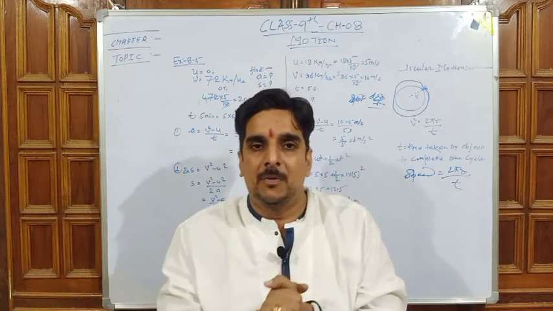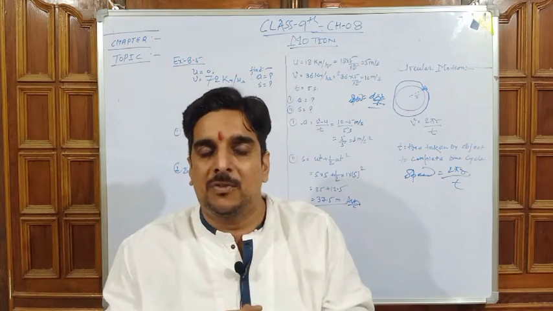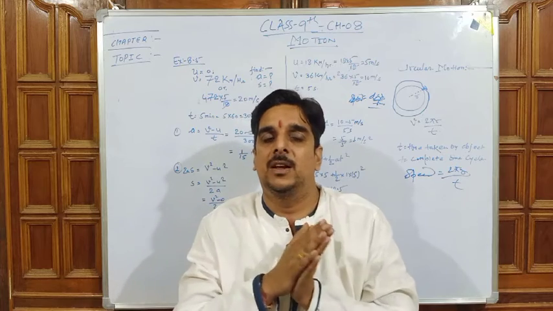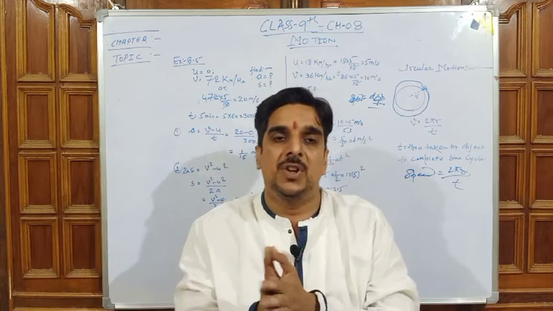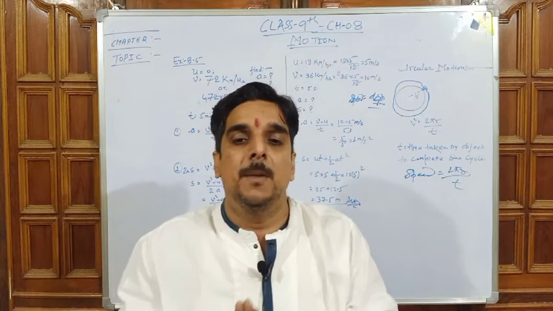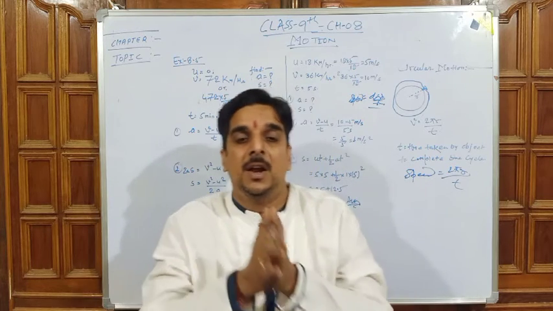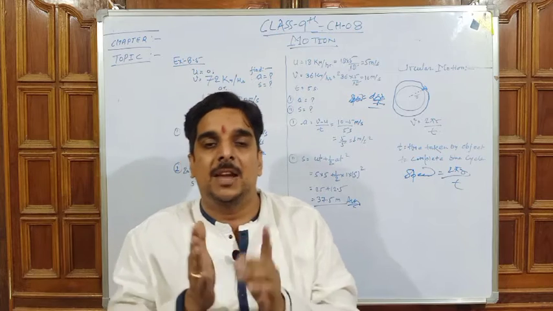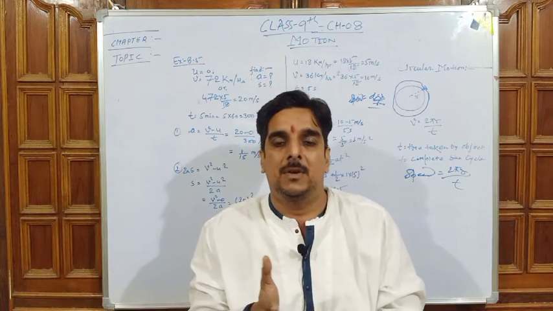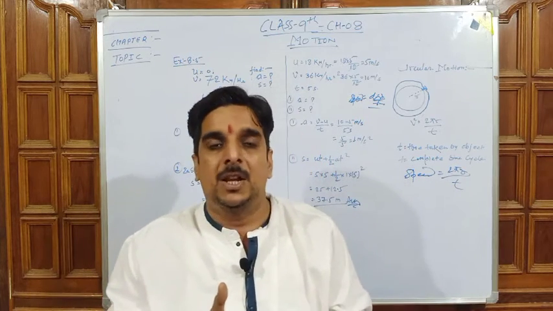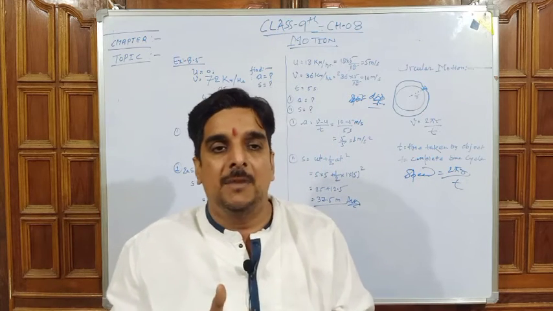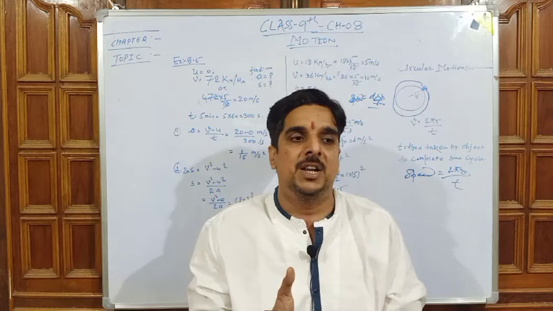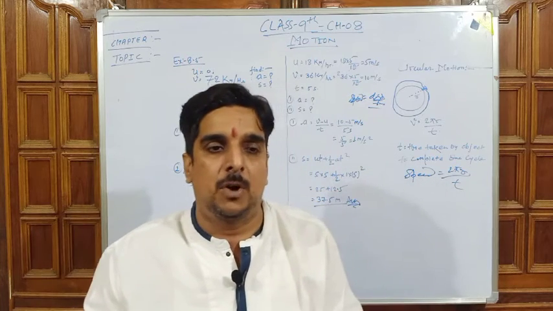Afterward, it's my request to all students who are in regular contact with me, sort out all the relevant questions which come under the chapter of motion. Define all the technical terms like motion, displacement, distance, covered up, the mathematical equations of motion, and derive them with the help of mathematical formula as well as graphical methods.